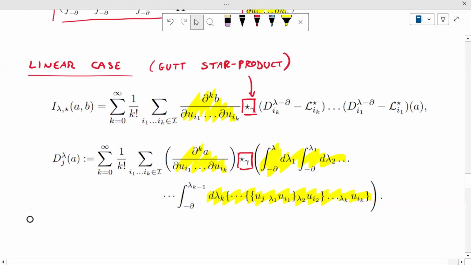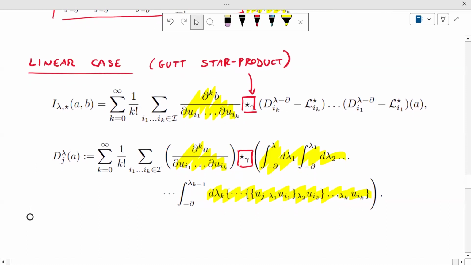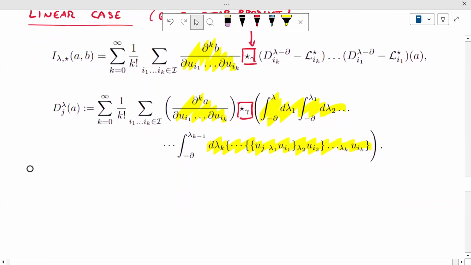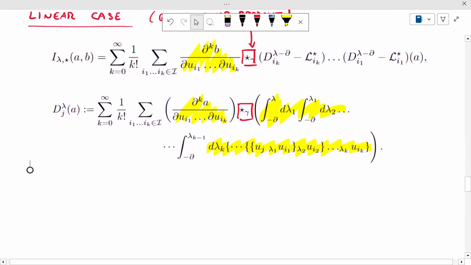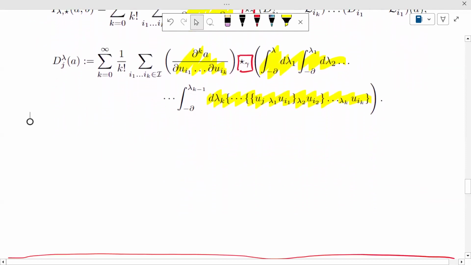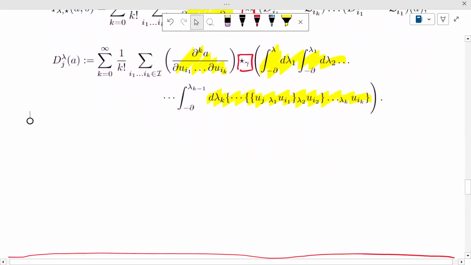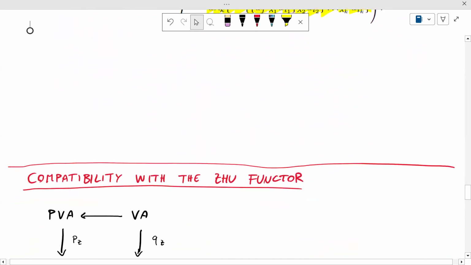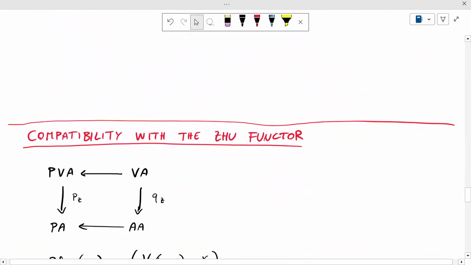Are there any questions about this? Okay. Otherwise, let's go to the next part of the talk, which will be about compatibility with the G functor.